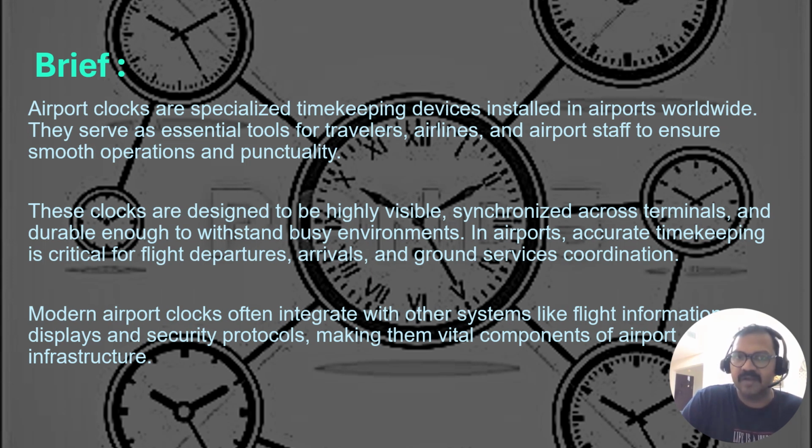Those systems rely on a single time source to keep the whole operation in the airport accurate and uniform. So this is the major purpose of these systems utilized airport-wide.